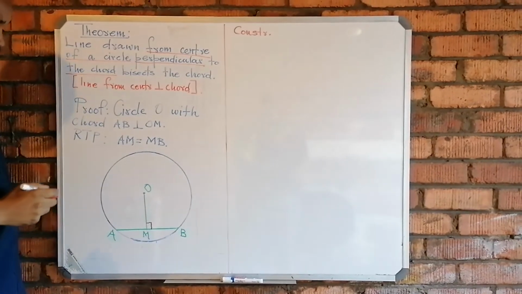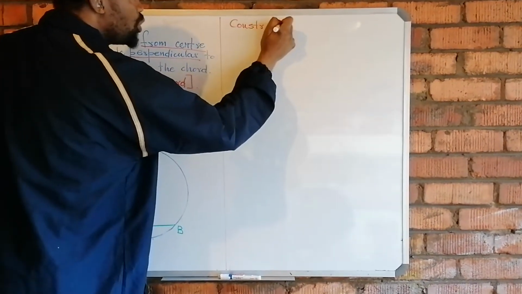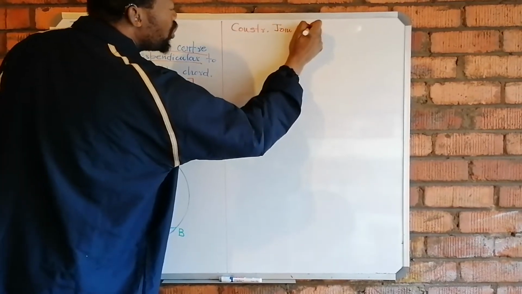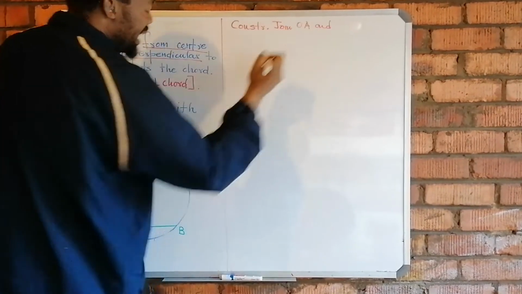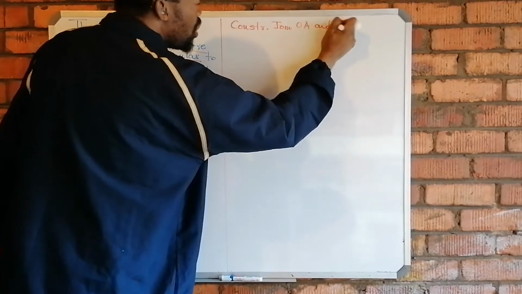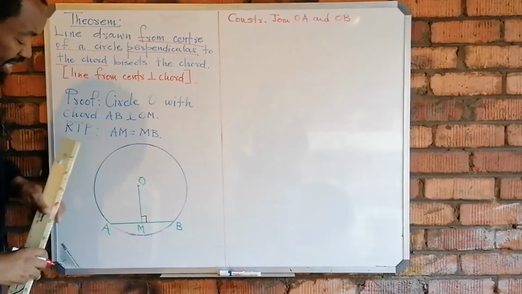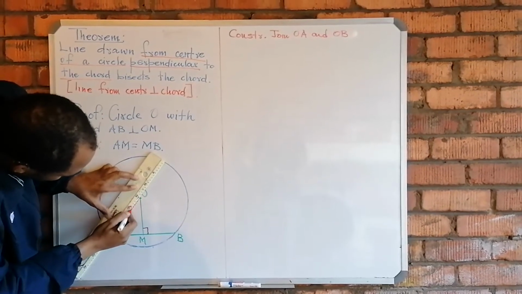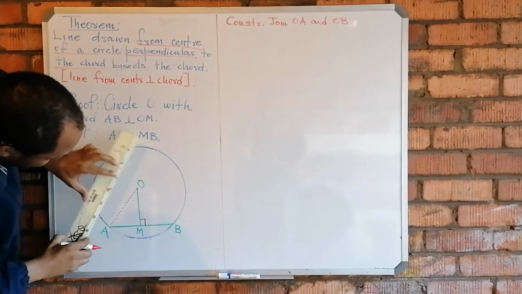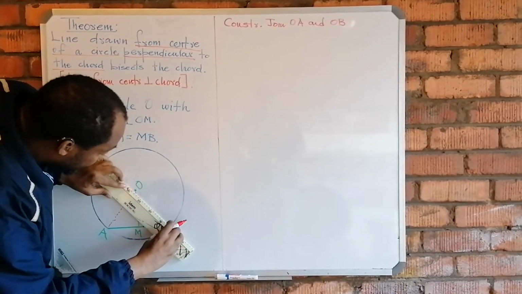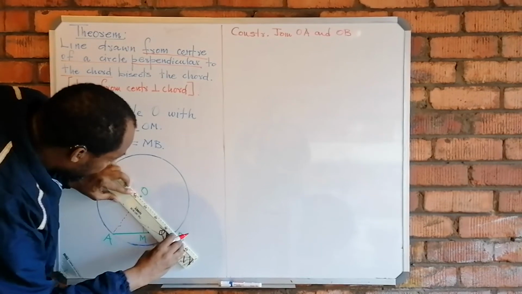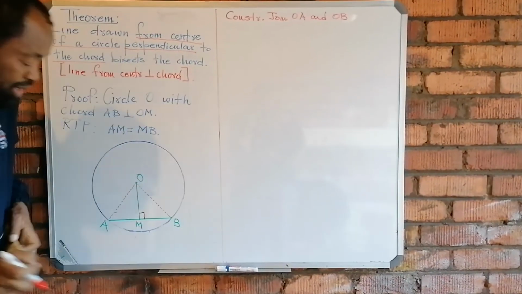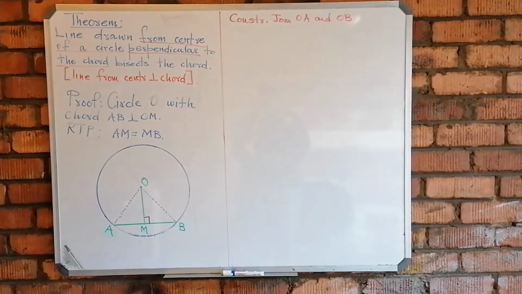Our construction in this case is going to be join O to A, and you join O to B. Now, let me do that. We join O to A using the broken line, showing that it is a construction, and we join O to B using the broken line.